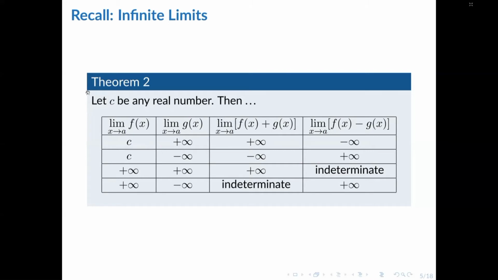So you can just refer to this table to get the limit of the sum of f of x and g of x as x approaches A if the limit of the individual functions is positive or negative infinity.